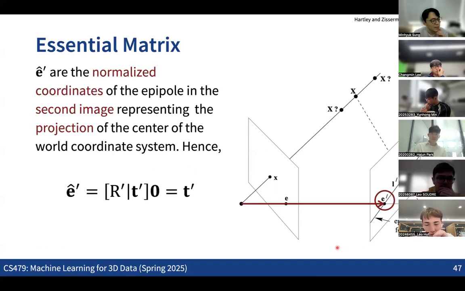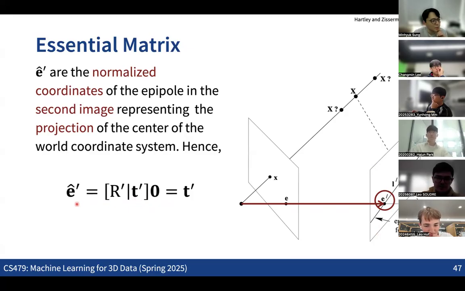So based on that, what we have seen is that the epipole in the second image was the projection of the origin of the first camera, right? Now the camera coordinates of the first image are the same as the world coordinates. So what you can see is that the epipole becomes the projection of the origin of the world coordinate system into the second image. So we project the origin of the world coordinate system into the normalized coordinate system of the second image, multiplying by the extrinsic parameters.